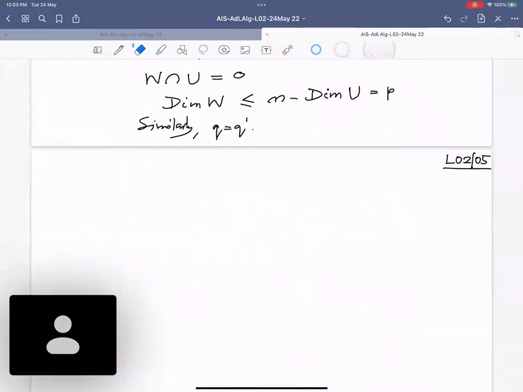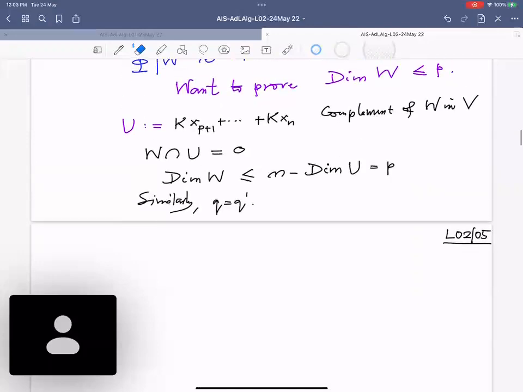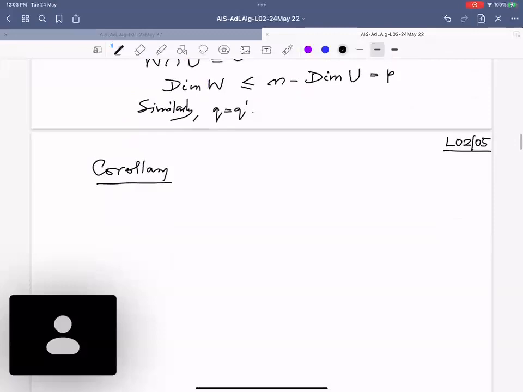Okay, let me write one corollary. So again, phi, the same notation, is a Hermitian form on a finite dimensional vector space V over K. K means R or C, you know the notation.